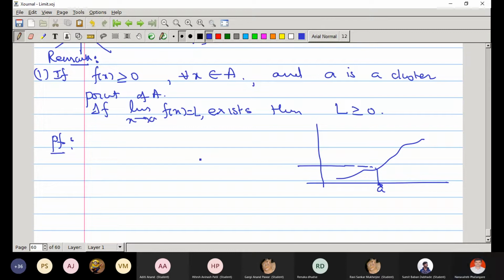Now, if you want to prove this, suppose the limit is negative.